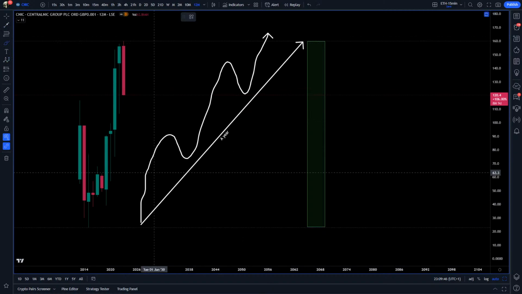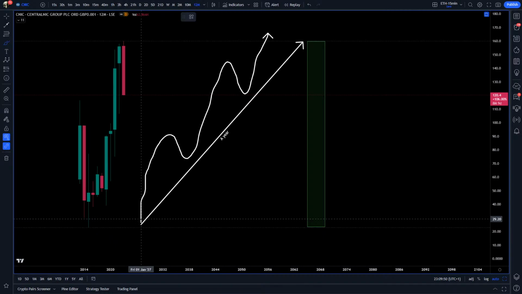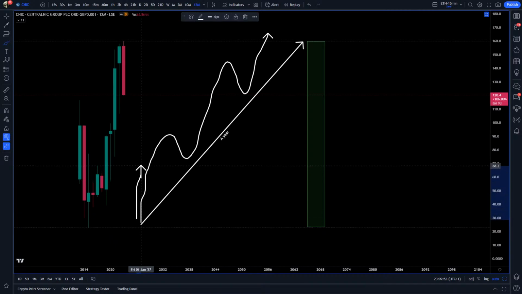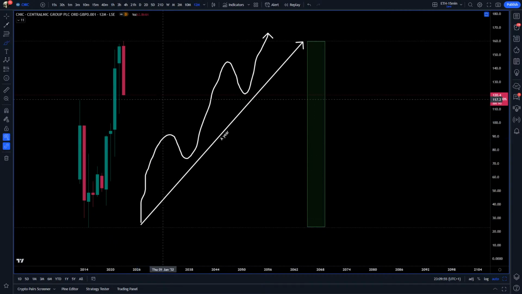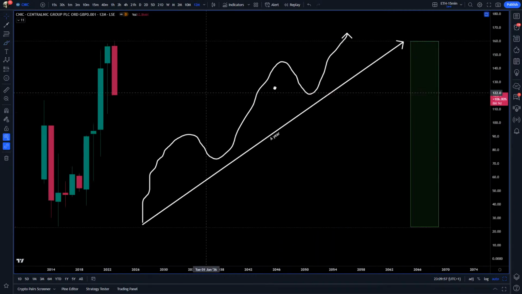So within this 1-year trend, we can also see that it's not the best way to show it. Hold on, bear with me.